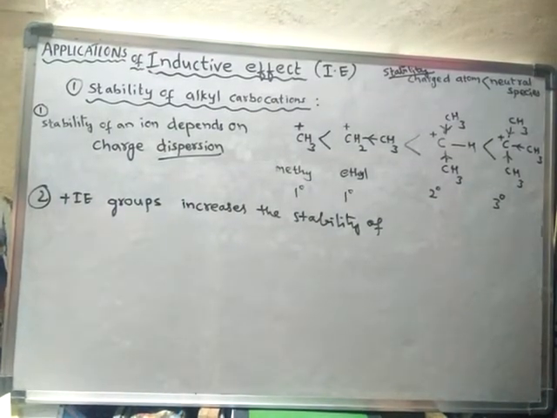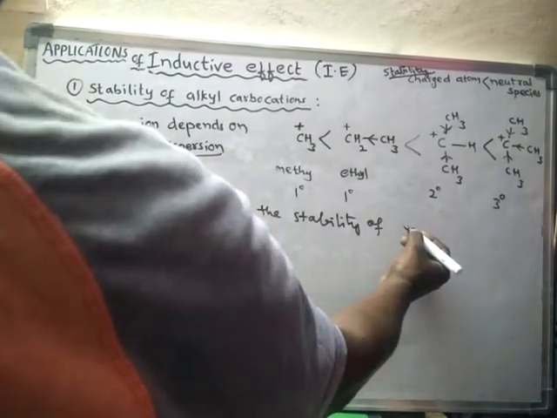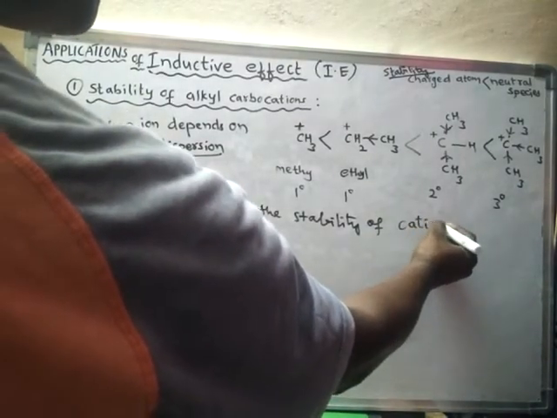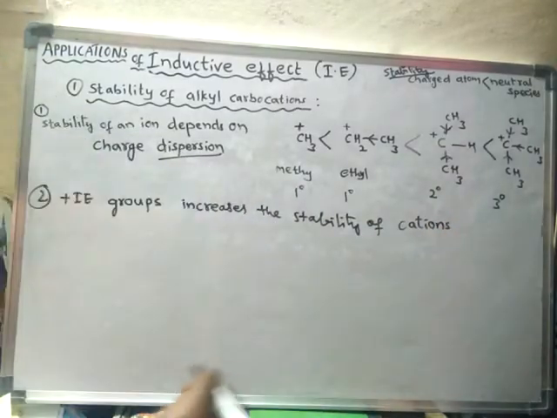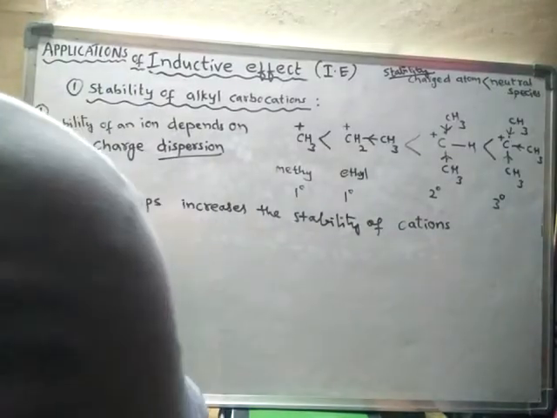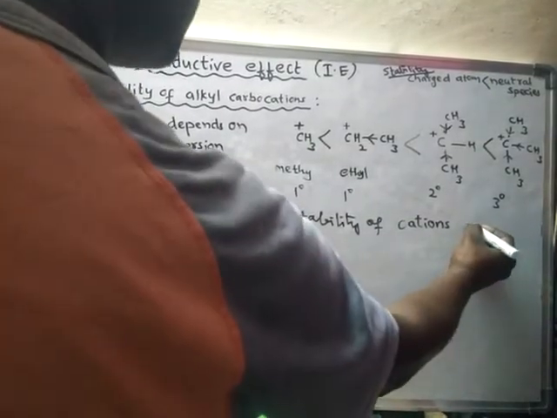The plus IE group increases the stability of cations. Okay, that means plus IE group increases the stability of cations.